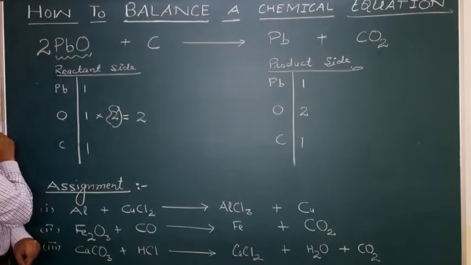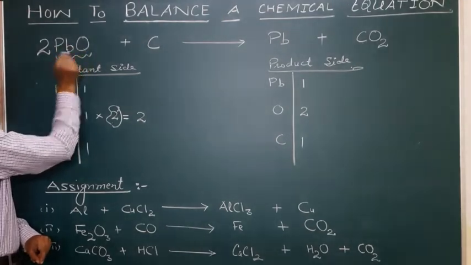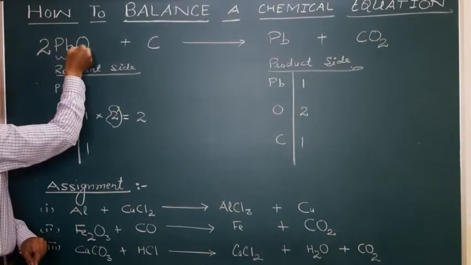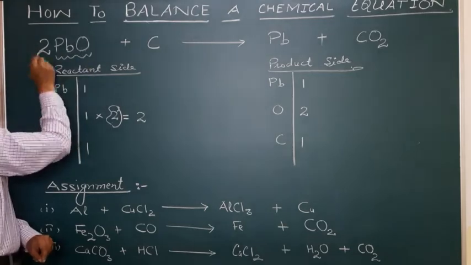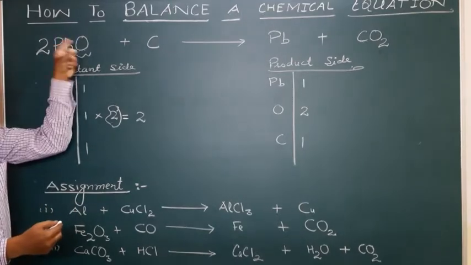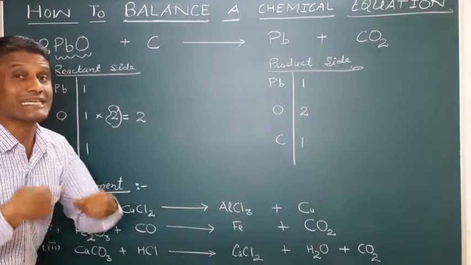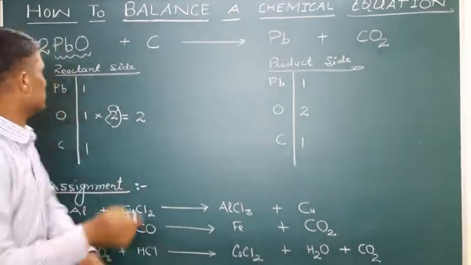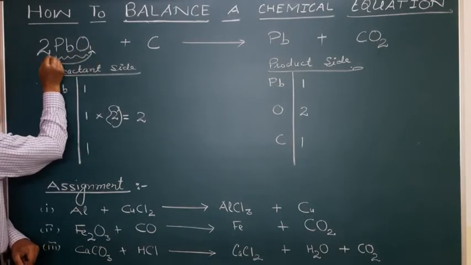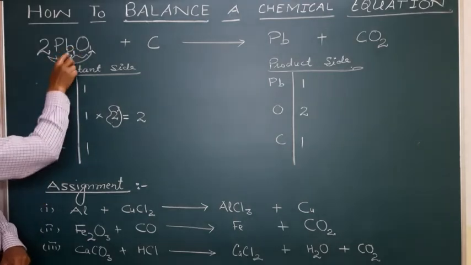Here it is 2. It is written here because oxygen is not independent. Oxygen is joined with lead and the compound lead oxide is being formed, so this 2 will be written before the lead oxide, in the beginning. Note that when 2 is going to be a multiplier to this lead as well as to this oxygen, this is the role of a coefficient, rated as a multiplier. So this 2 is multiplying this one atom of oxygen, and similarly this 2 is going to multiply the one atom of lead as well.